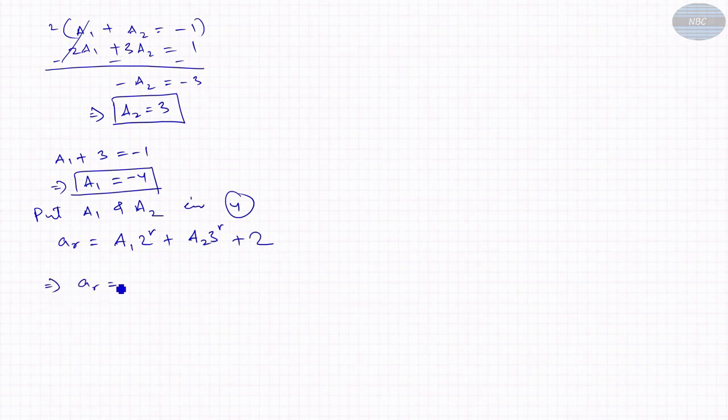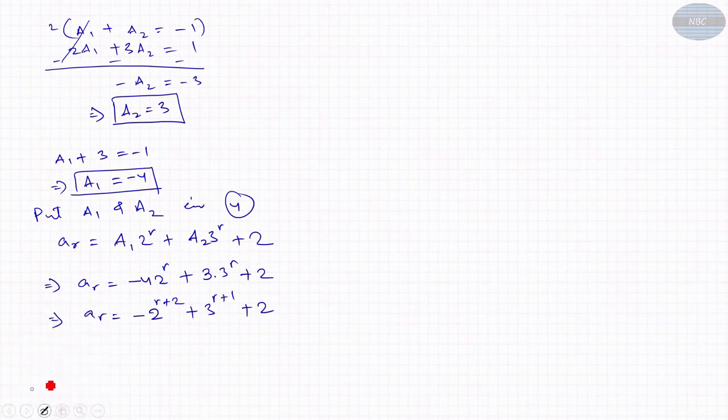This implies a_r is equal to, so we got the value of a1 as minus 4 into 2 to the power r, plus the value of a2 is 3, so this is 3 into 3 to the power r plus 2. Okay, so a_r is equal to, 4 is 2 square, so this will give minus 2 to the power r plus 2, plus 3 to the power r plus 1, plus 2. Okay, so this is the answer.